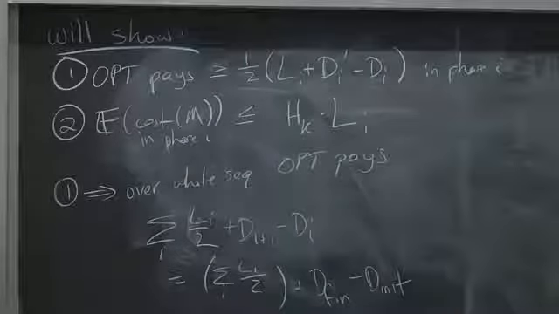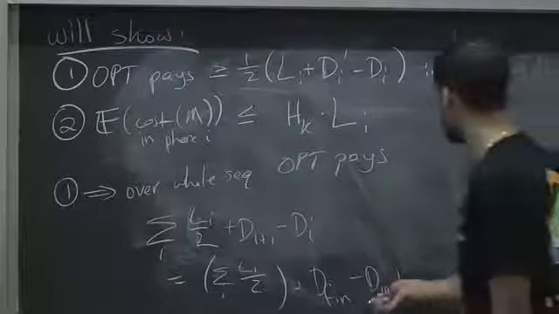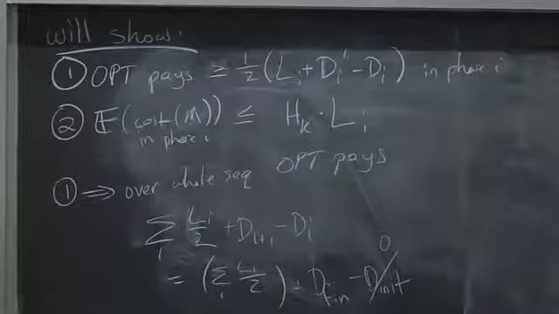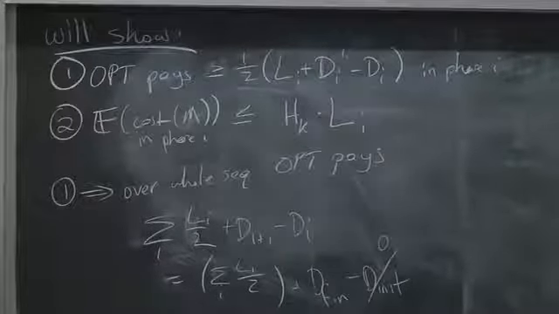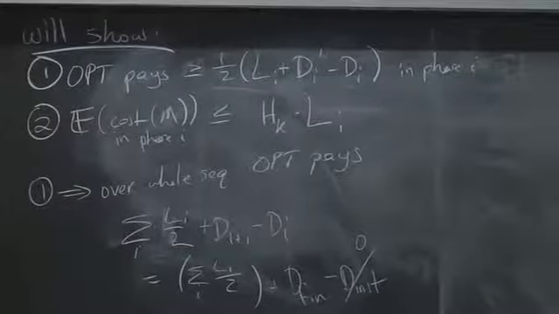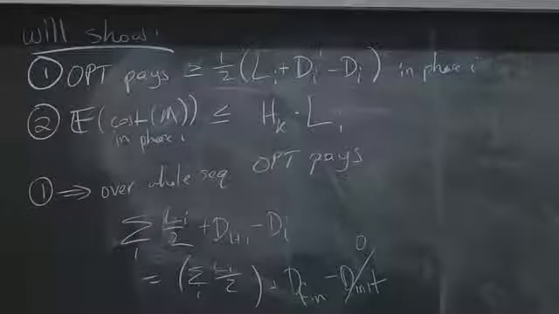So what's D initial? I didn't say it, but 0, right? So I'm assuming that everyone starts with the same contents of cache in the beginning. Otherwise, there's no hope to be competitive, because opt might start with all the things you're about to ask for, and you start with none of them. So we're assuming that they start with the same things in memory, which means that initially there is no difference.